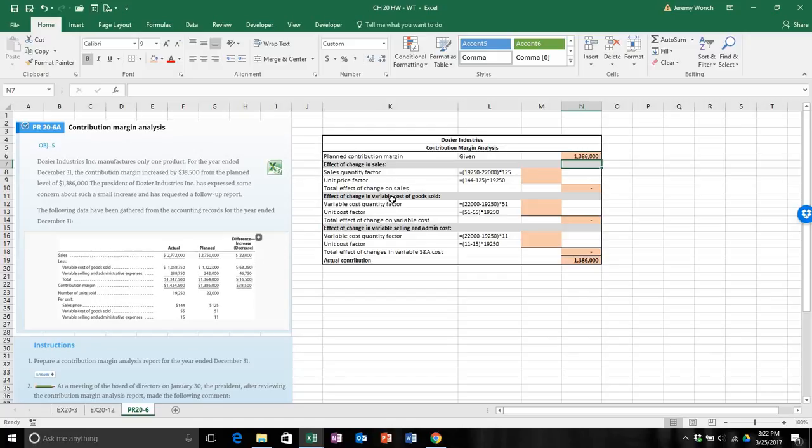Part of that was due to selling less, and part of it was due to selling at a higher dollar amount per unit. The amount related to the quantity sold is the quantity actually sold minus the quantity planned on selling times the planned price.